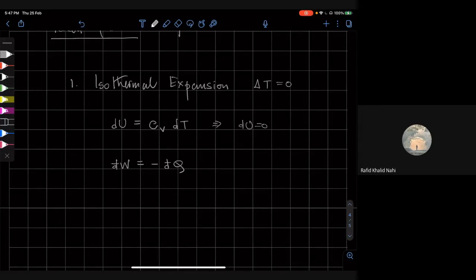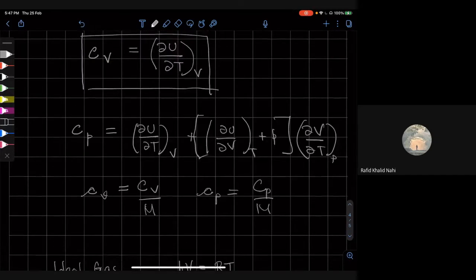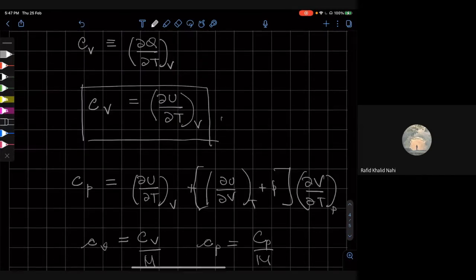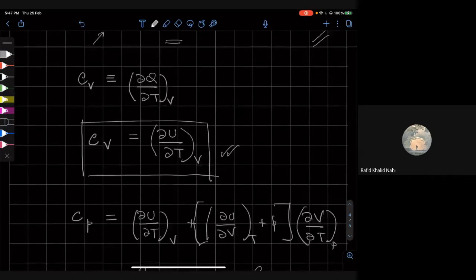So essentially we are using the definition of CV here. Oh, okay. We are using this. Could you just scroll a little upwards so I can verify? Sure.